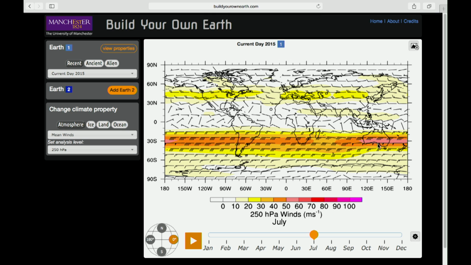The wind speeds in the jet stream are always going to be the highest in the winter hemisphere due to the strong temperature gradients between the tropics and the poles during those seasons.